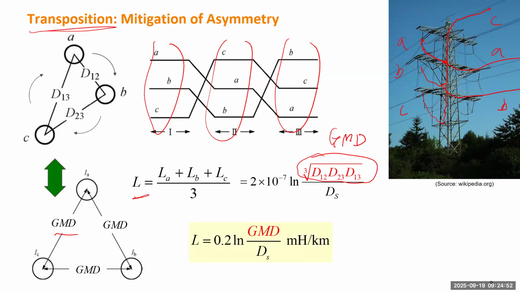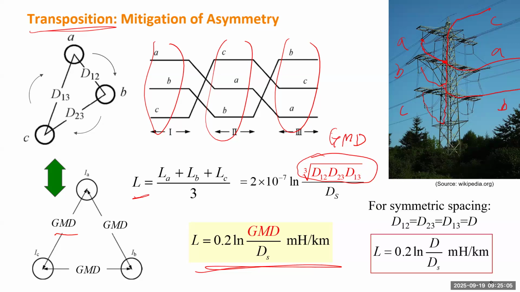So that will be the formula to calculate the L. We replace the distance between two conductors with the GMD for three conductors, three phases of the line. Definitely, if your tower is able to have equal distances between all the three phases, that goes back to the original formula.